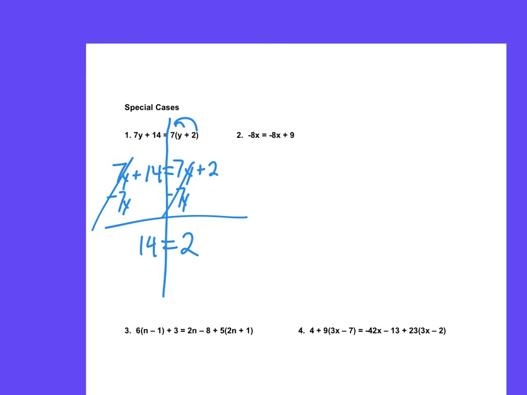Is that a true statement? No, it is not. It is a no solution, which can also be written as this little symbol right here, which means it is a contradiction. All right, pause here and go ahead and solve out the rest of these.